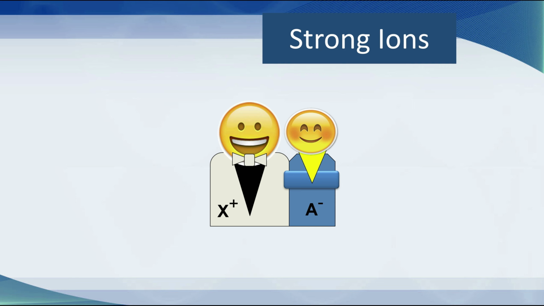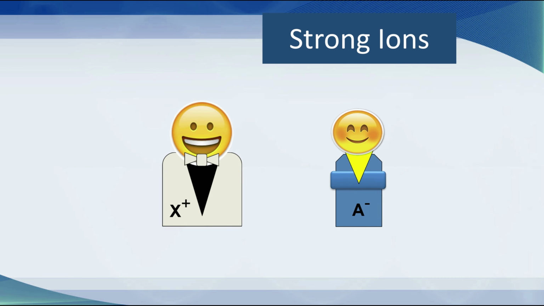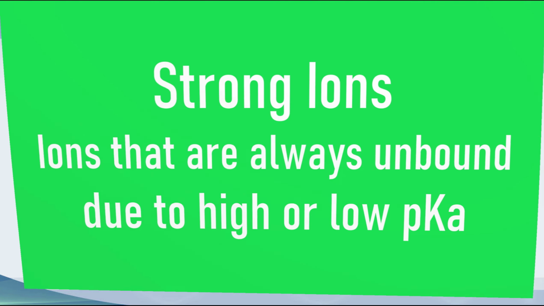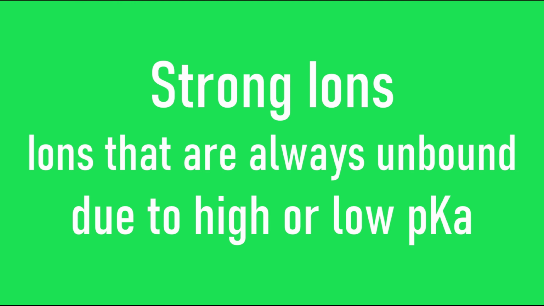But as soon as they go in, and the analogy of this is as soon as that salt is dissolved in water, they separate, they ionize, they entirely separate out into their component parts. Now, for every one of those cations, there must be a hydroxide, and for every one of those anions, there must be a hydrogen ion, or a blob of water containing one or the other. Strong ions are ions that are always unbound due to a high or a low pKa.